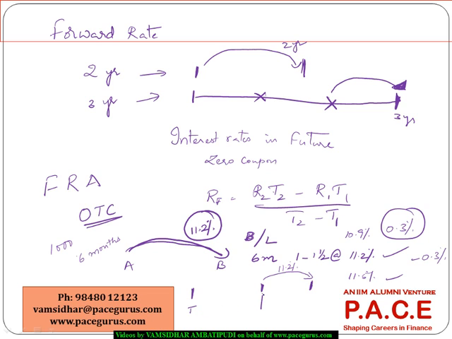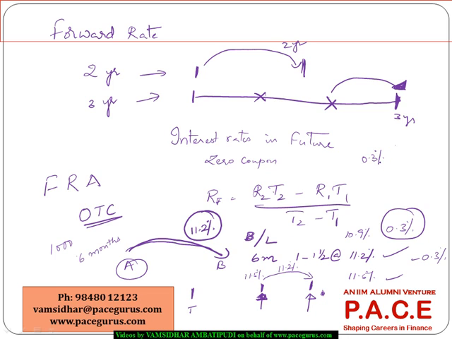Now the person who got into an agreement wants to take a loan for $1,000 for a 6 month period, which means the repayment of the loan is going to be on this particular date. Let's assume that on this day the interest rate has become 11.5%. Then this person who has got into an FRA got a benefit of 0.3%.